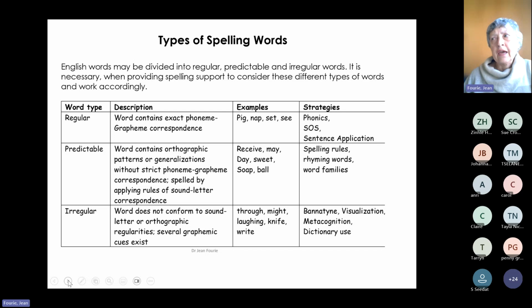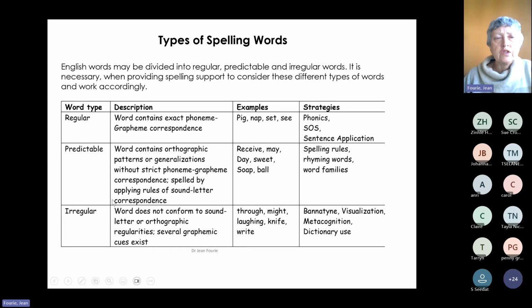And other languages that have a one-to-one correspondence with the sound and the grapheme will probably only be regular or predictable words. So a lot of languages do not have these irregular words.